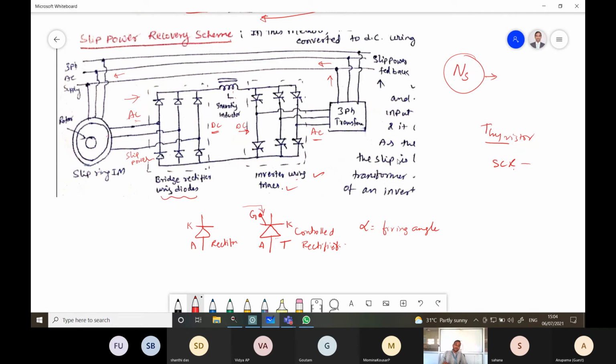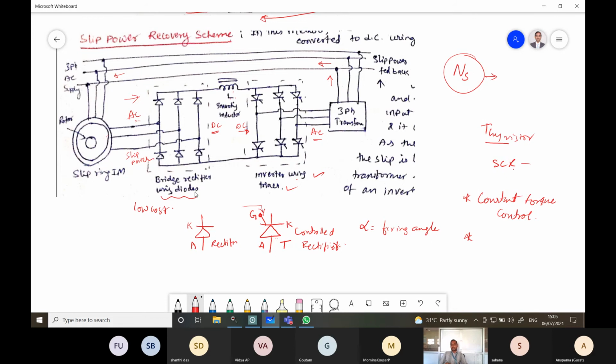It provides constant torque control. This is the main advantage, and also high efficiency and low cost. These power electronic devices are available at low cost, instead of using a rotary converter circuit and a DC motor.